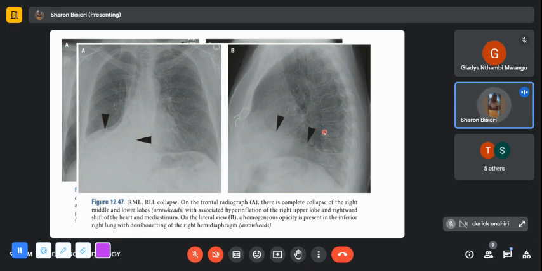So in the lateral view, we can still see that the opacified lung region is on the right side because it's not silhouetting the cardiac border. And that's what they're illustrating by these arrowheads. It's seen cutting across the heart shadow.